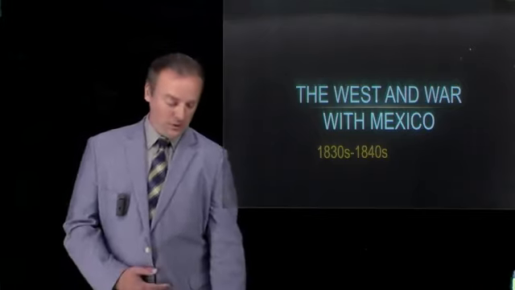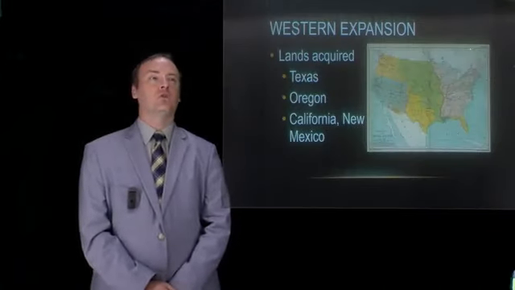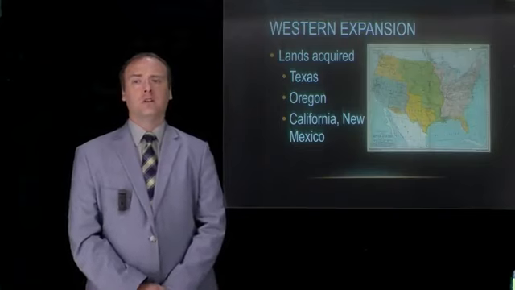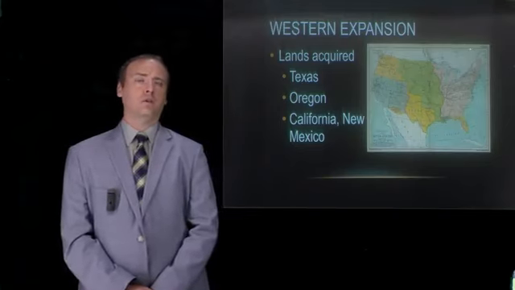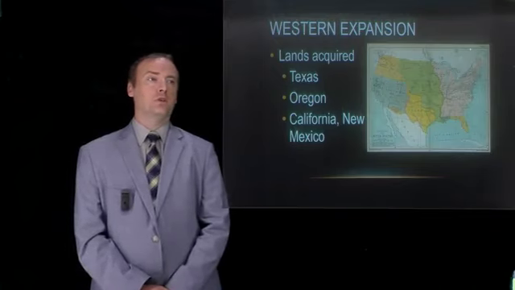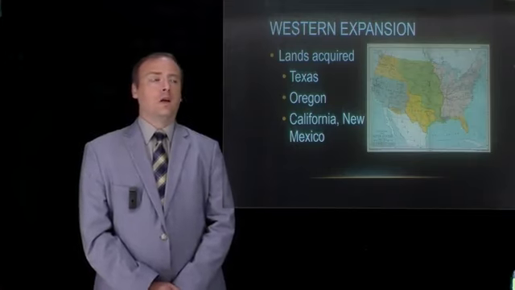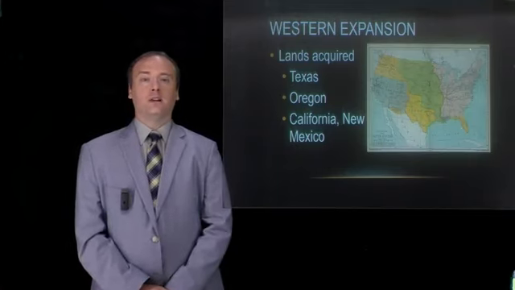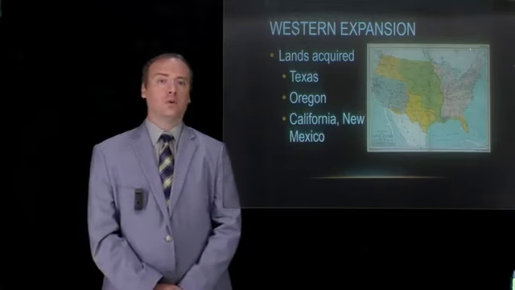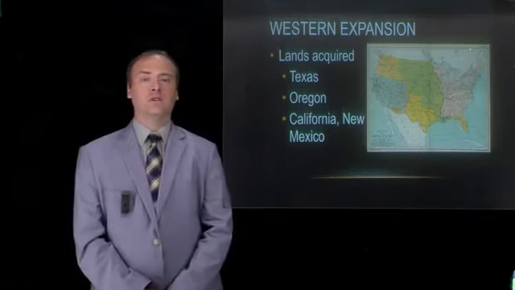Okay. So I want to start by talking a little bit about some general characteristics of Western expansion, just exactly what I'm talking about when I say Western expansion. Okay, so we're looking today in particular about lands that were acquired in the 1830s and 1840s. Before that, the United States had acquired territory in Louisiana, which is the green portion of the map that you see here.